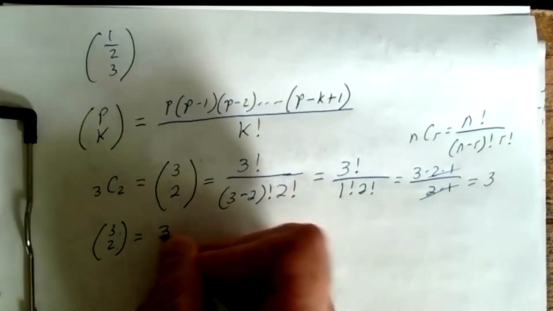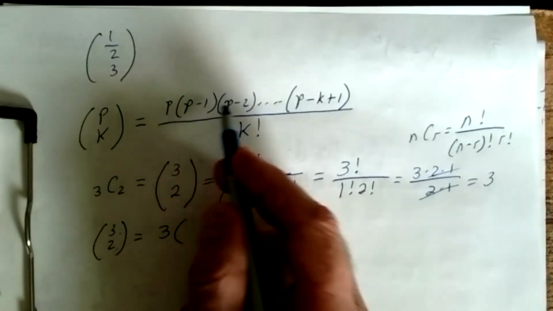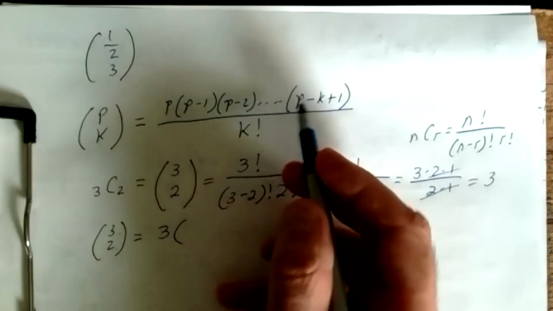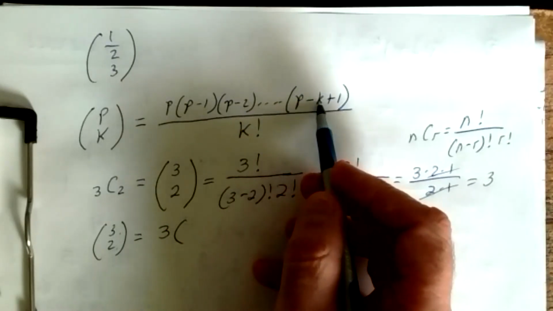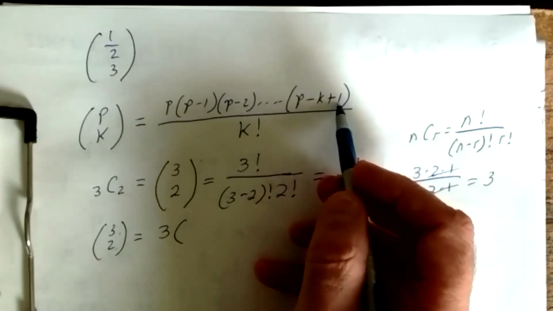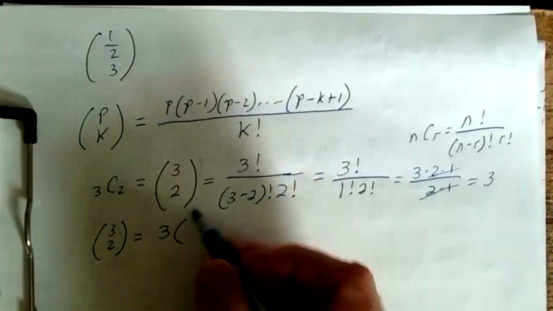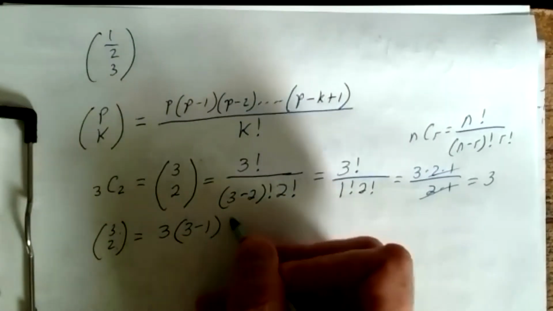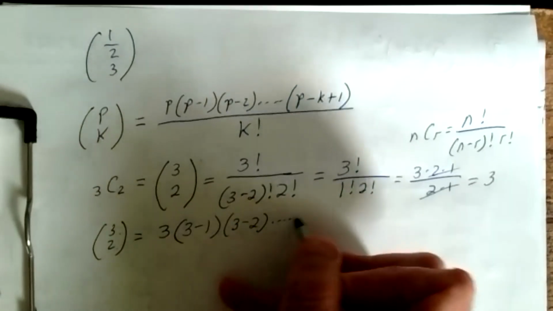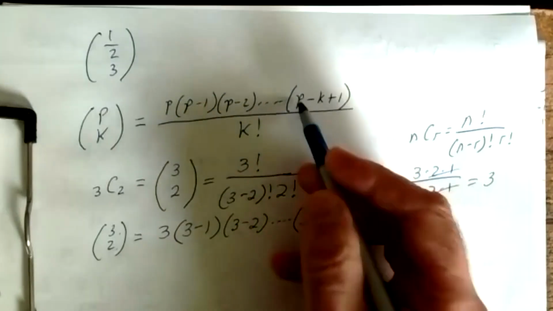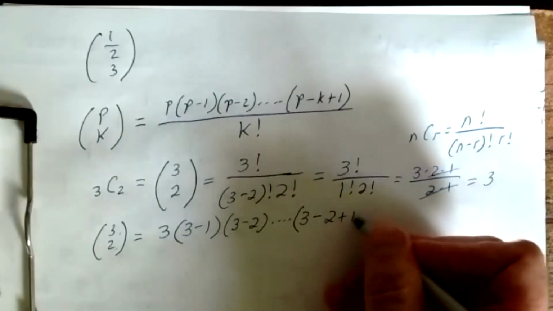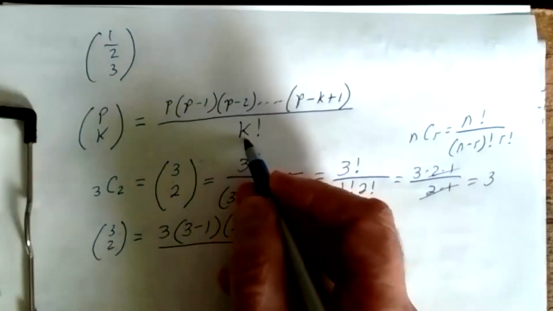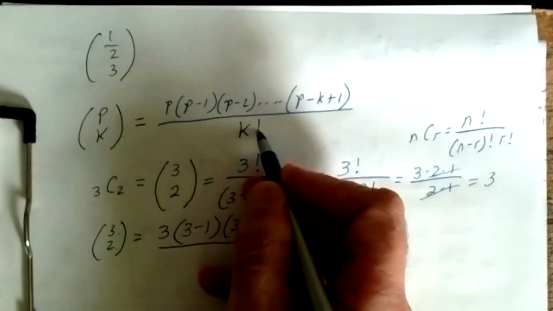So following this formula, this is going to be 3 times (3 minus 1) times (3 minus 2), and so on, all the way down to 3 minus K, where K is 2 here, plus 1. And this would all be divided by K factorial, which is 2 factorial.